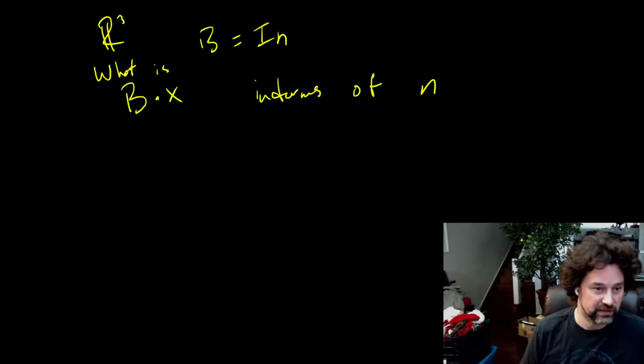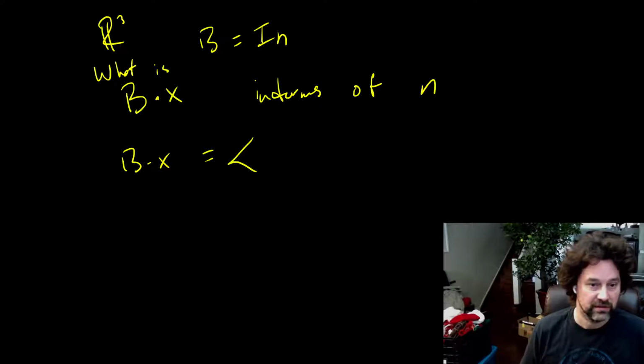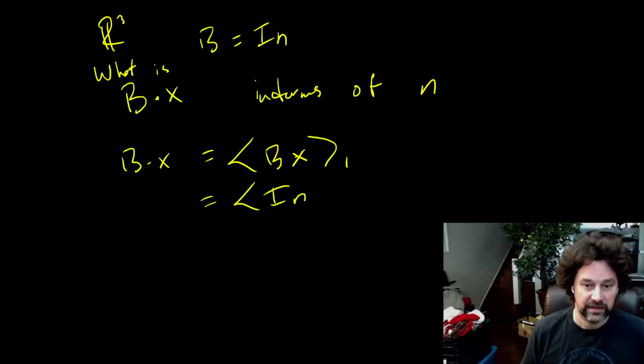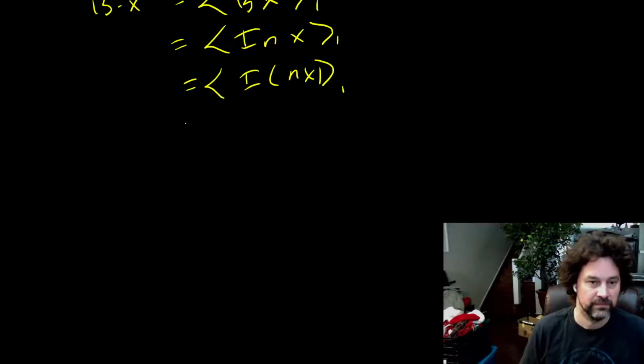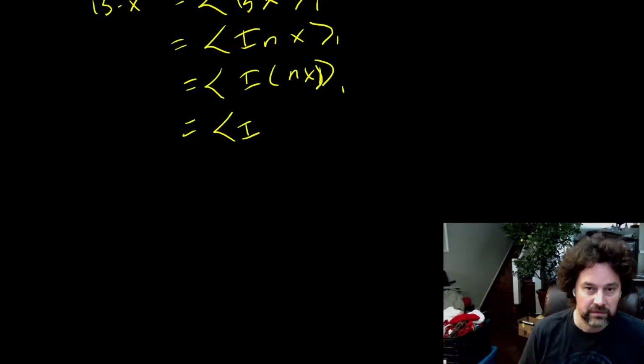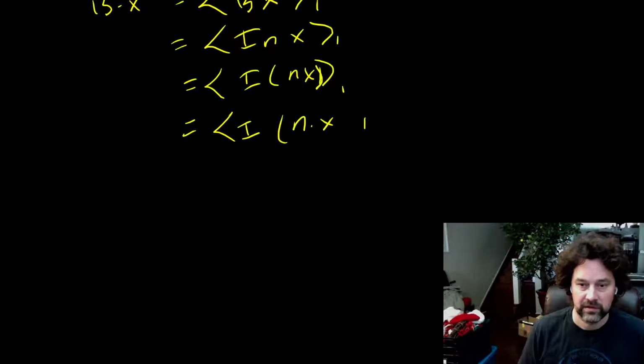B dot x is a vector, so we can take the grade 1 selection of Bx, which is I n x, and we group as I n x, grade 1. So this is I n dot x plus n wedge x.